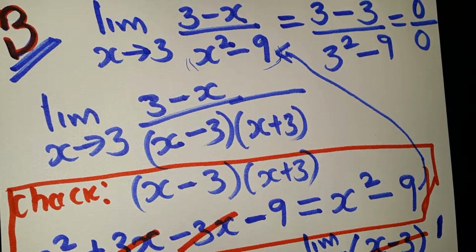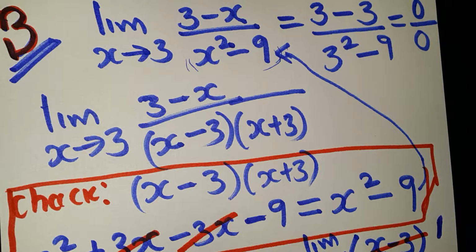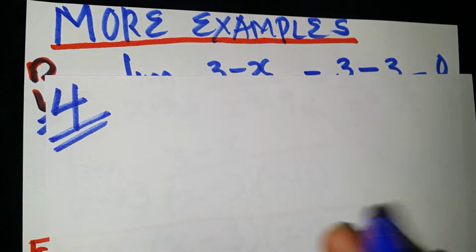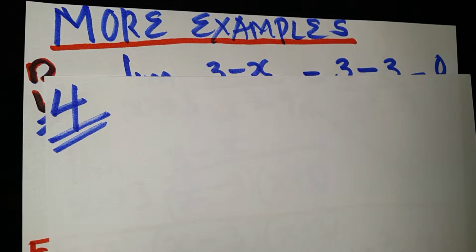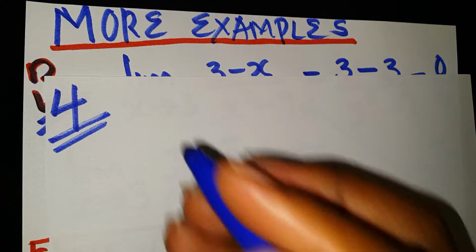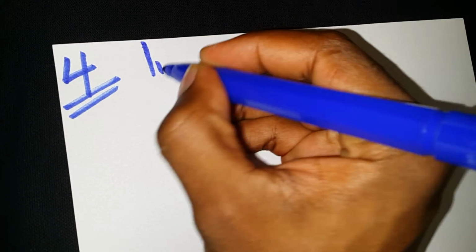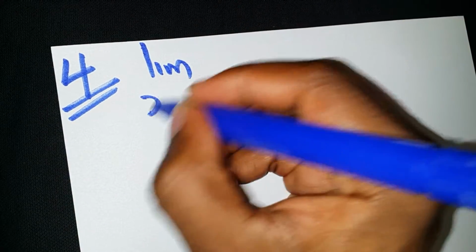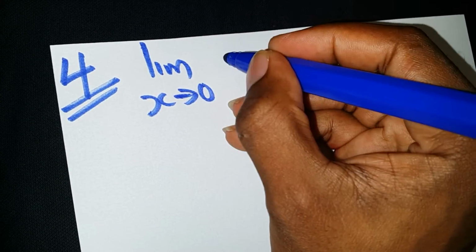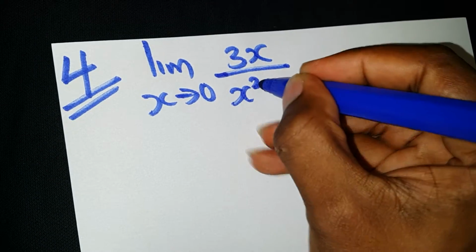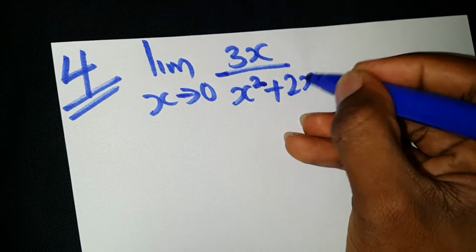So the last example I have here with me, which is 4, is the limit as x tends to 0 of 3x divided by x squared plus 2x.